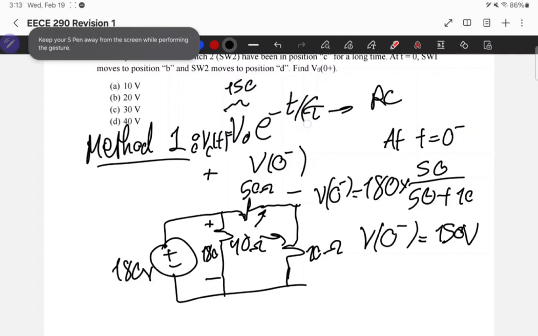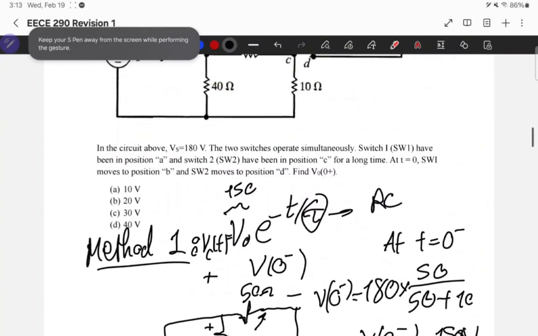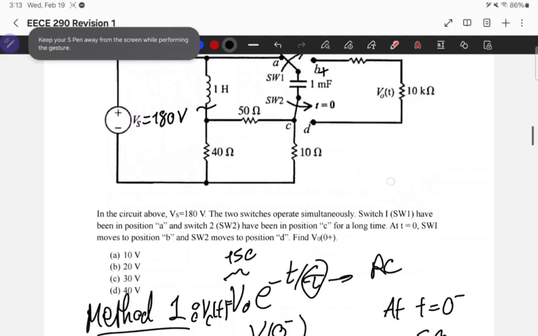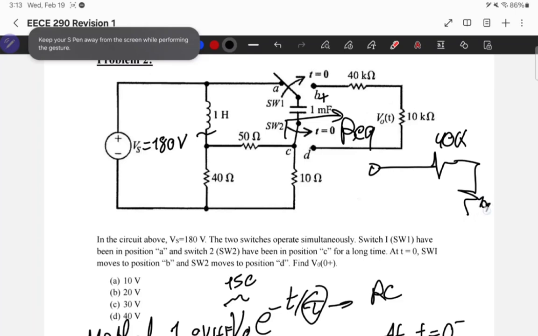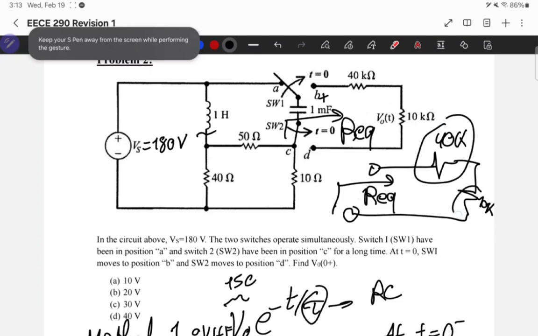Okay, and still I need tau, and I get tau by R equivalent times C, where R equivalent is the resistance seen by the capacitor after switching. So it looks like this. Here we have a 40K, and here we have a 10K, and I want to see the resistance looking from the capacitor. We see immediately by inspection that the 40K and the 10K are in series.